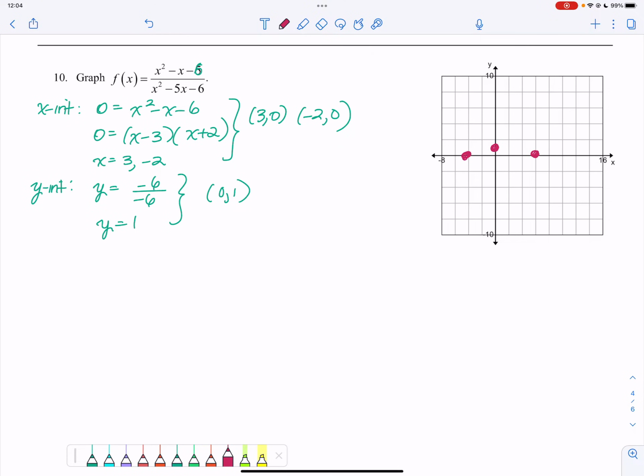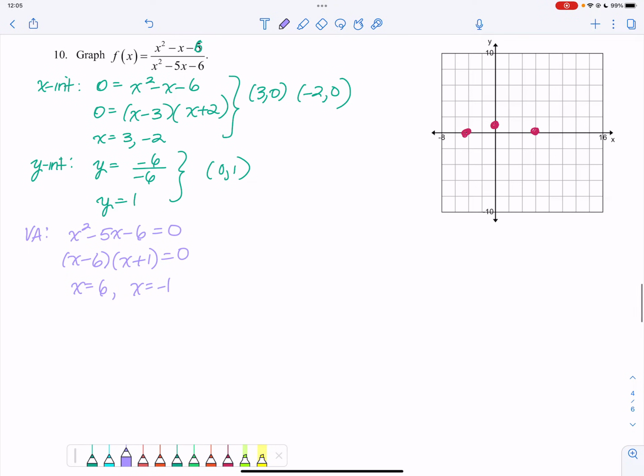Okay. Now let's look at the vertical asymptote. And that's when we set that denominator equal to 0. And we come up with x is equal to 6 and x is equal to negative 1.